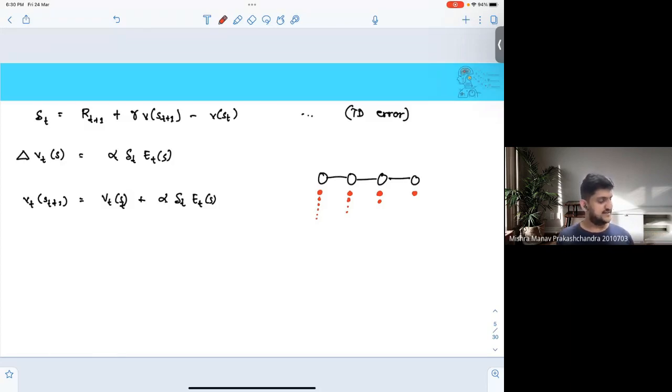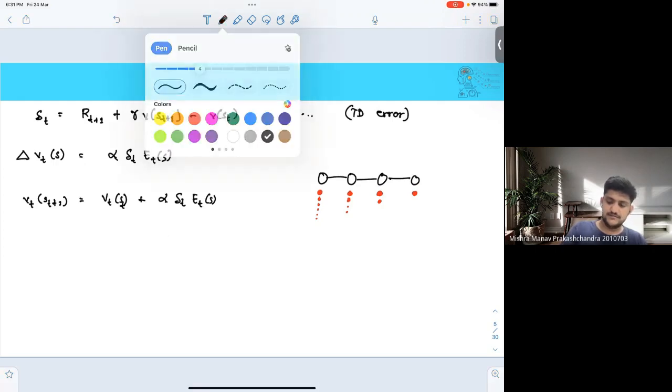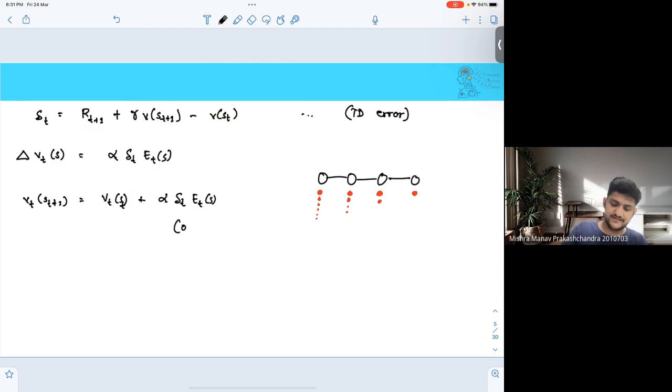So this gives me a method to update the value function in an online fashion, right? This is a kind of online updation that is happening over here.